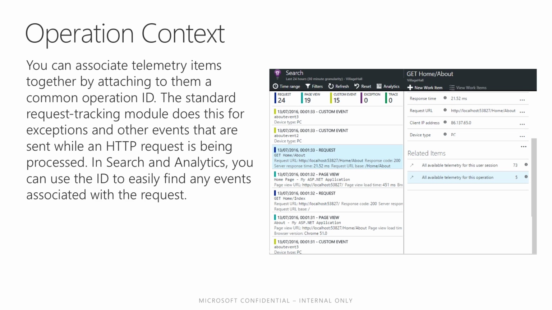Now we also have operation context. So with telemetry items, sometimes we might want to start an operation when the beginning of a section of code begins. So say for example I was calling an HTTP request to call some code in a function.